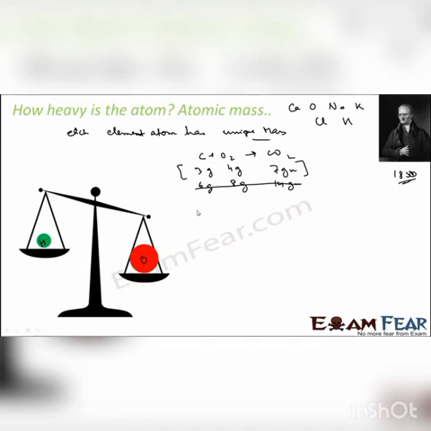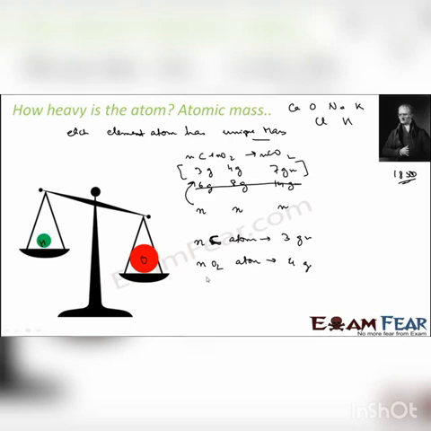If you see in this reaction, N carbon atoms will react with N oxygen molecules to give N CO2, right? Because it is all balanced, it is all N. So N carbon atoms is 3 grams, and similarly N oxygen atoms is 4 grams.